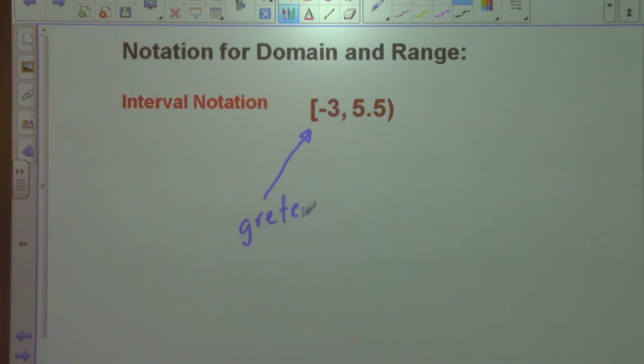Greater than or equal to. That's what an inward facing bracket is. What is this parenthesis here? Less than. And then between, you're going between -3 and 5.5.